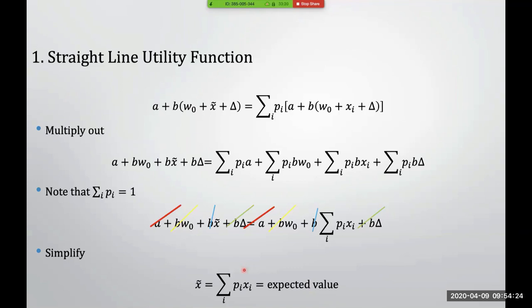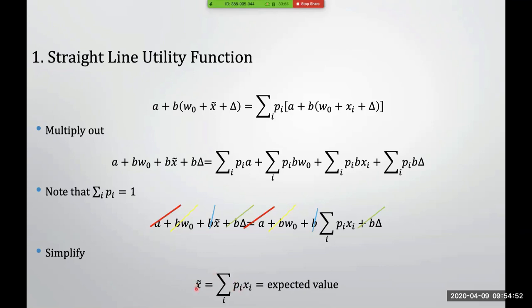The second observation is that when we solve for this x tilde, at the end of the process this expression doesn't have W0 in it, which means x tilde is not changing with respect to W0. And this term doesn't have the delta term in it either, which means x tilde is not changing if delta changes.